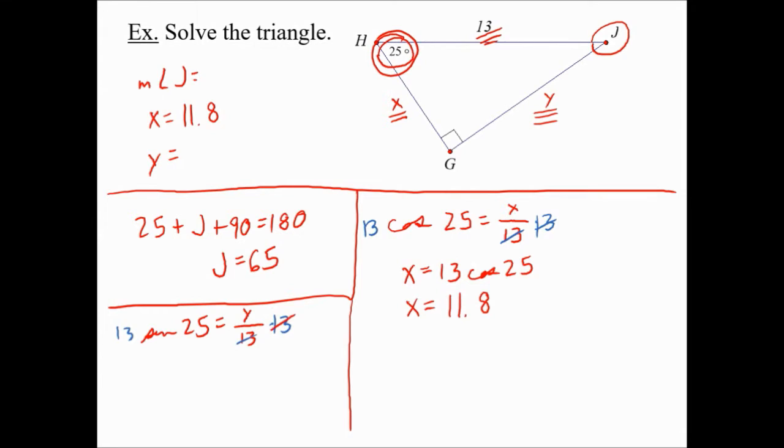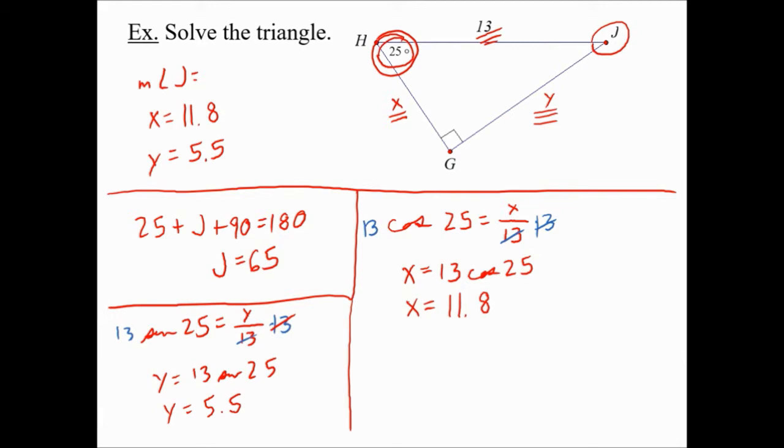So I get y equals 13 sine 25. Once again, I'm going to use my calculator. And I'm getting that y is equal to 5.5. So my last side here is 5.5.